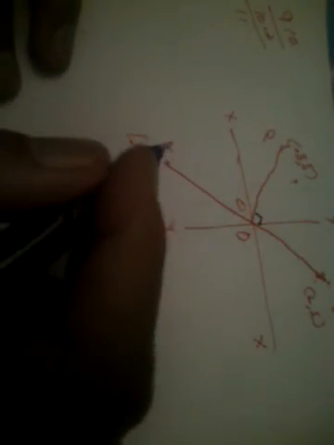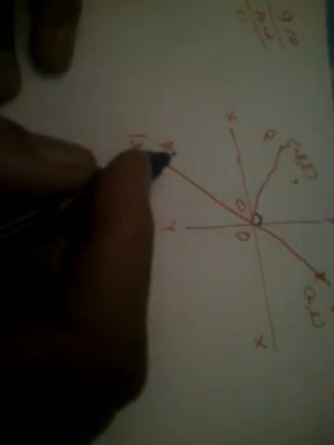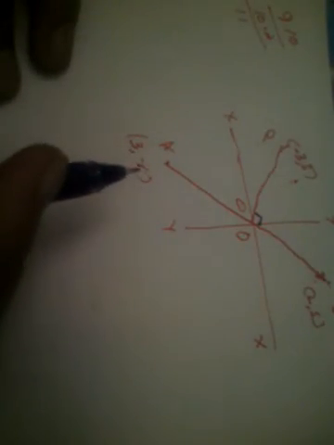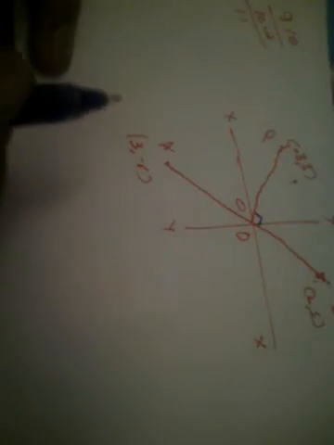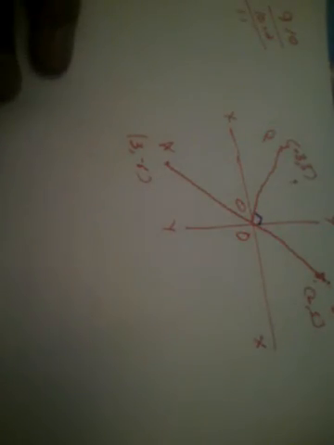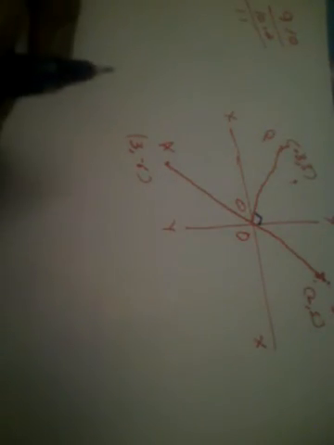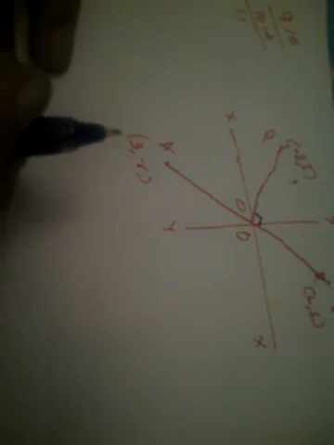Now we have to find the slope of AB, because we know the 2 points, using the formula y2 minus y1 divided by x2 minus x1, that gives the slope of AB.